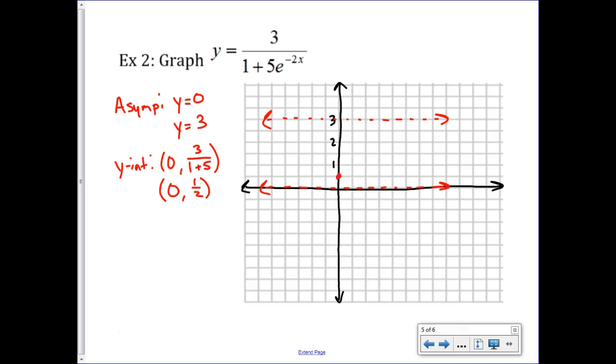The point of maximum growth is like that midpoint. It's that turning point on the graph where we go from increasing to starting to level off. So it's the natural log of a over r, so point of max growth.